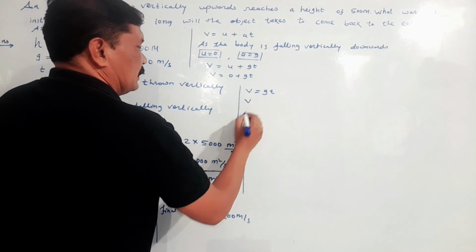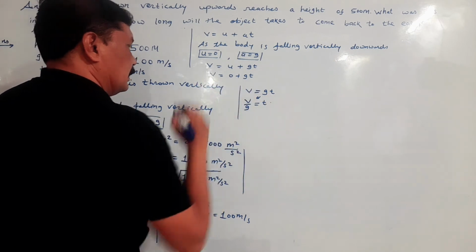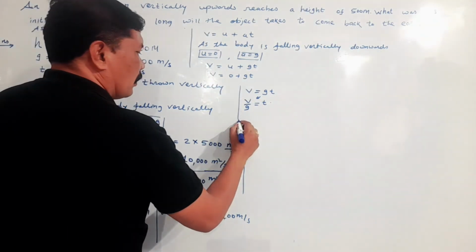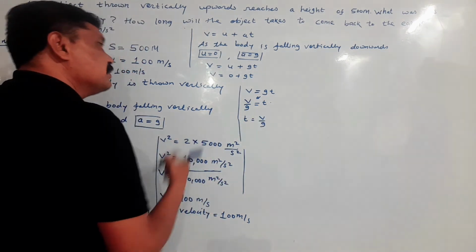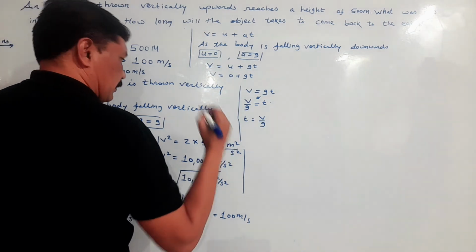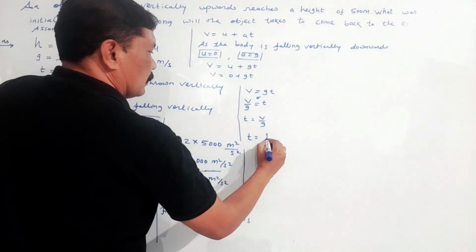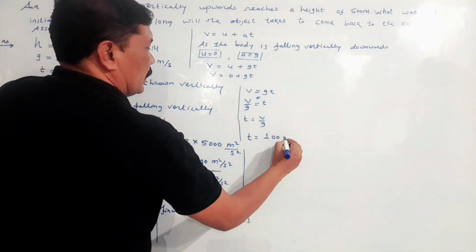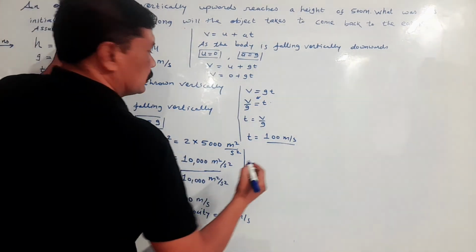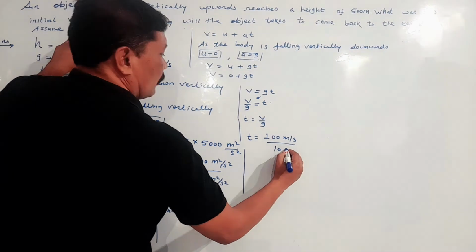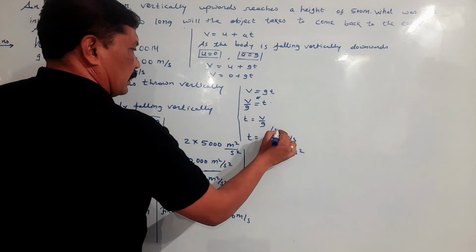So we will write v as it is, g will be taken to the other side of the equation, and we will write t as it is. Here we have got an equation t is equal to v upon g. My dear student, we have found the value of v. So we can write t is equal to v, which is 100 meter per second, upon g, which is given to us, that is 10 meter per second square. 10 ones are 10, 10 tens are 100.